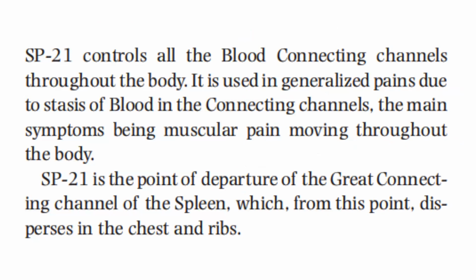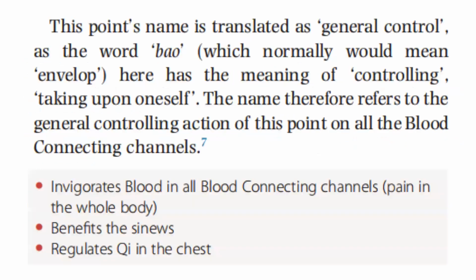Spleen 21 is the point of departure of the great connecting channel of the spleen, which from this point disperses in the chest and ribs. This point's name is translated as general control, as the word bao, which normally would mean envelope, here has the meaning of controlling, taking upon oneself.